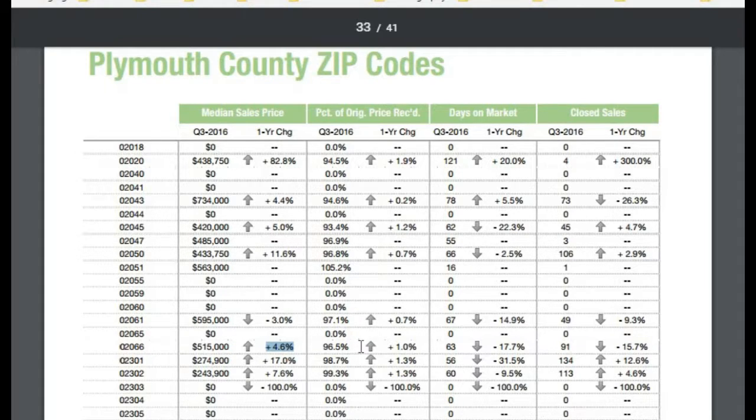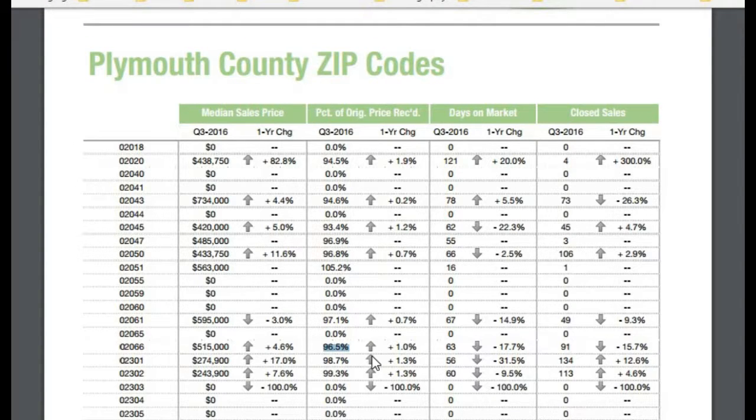Percent of original price received is 96.5%, which is useful for that particular zip code, but it encompasses all of the properties sold within that zip code, which includes single-family homes, condominiums, and multifamily homes. And just to go on, days on market is 63, almost an 18% decline from the third quarter of 2015, and closed sales is 91, which is almost a 16% drop.